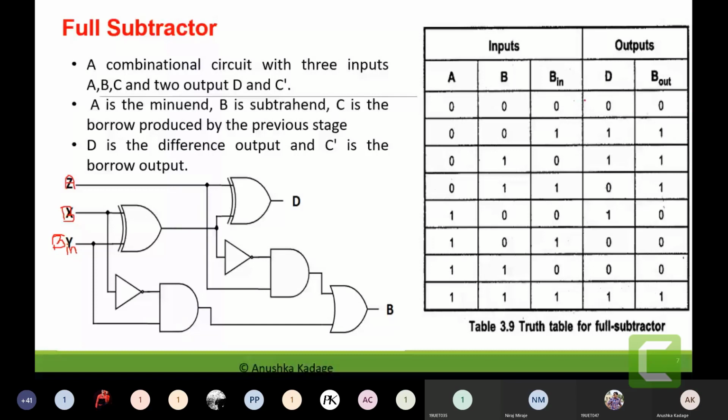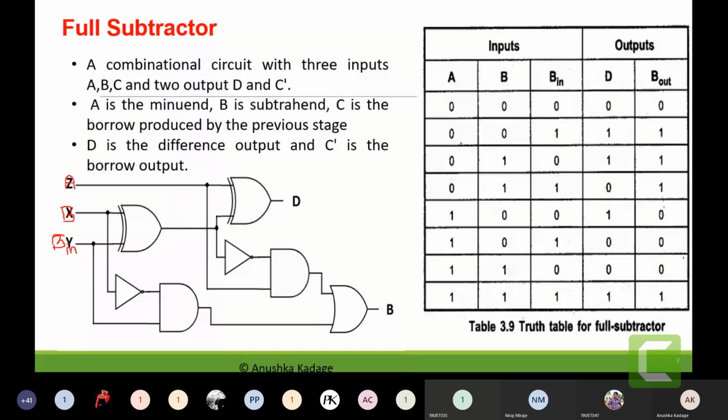When we are checking this difference, the subtraction is done in the order A minus B. The resultant of A minus B is obtained, and from that resultant B in is subtracted. So 0 minus 0 is 0, and 0 resultant minus this 0 will be the difference of 0, and the output will be 0 for borrow value.